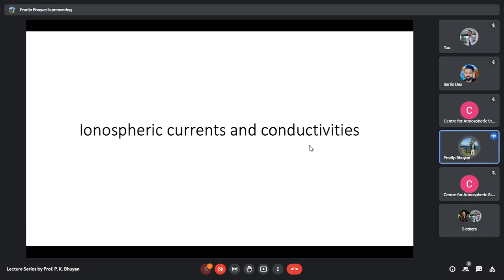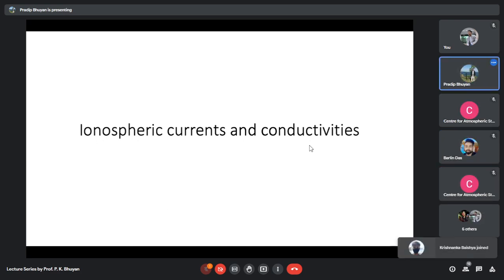We'll basically focus on the low latitude ionosphere, and then if time permits, maybe mid or high latitude ionosphere, some special cases or special phenomena which occur in those. But we will focus particularly on what happens around our ionosphere. By our ionosphere, I mean the low latitude ionosphere.